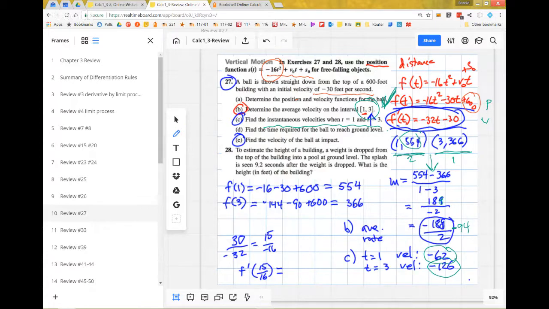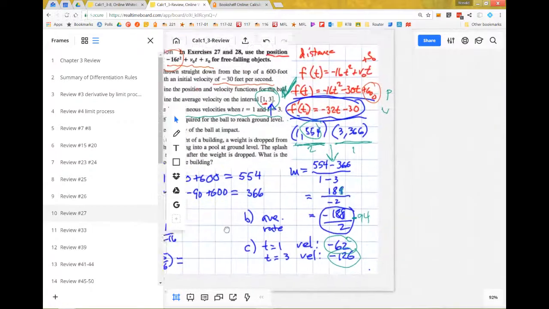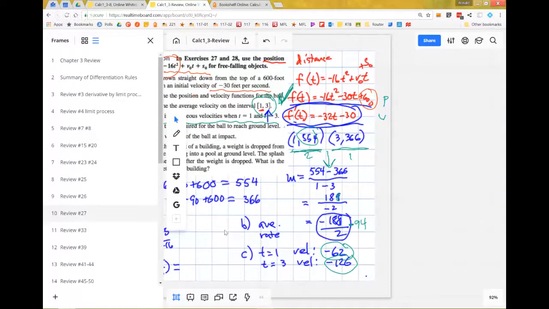So you would set that equal to 0. I did not do that up here, but let's do it. Negative 16t squared minus 30t plus 600, and we'll set it equal to 0, because when it hits the ground, the position will be 0 feet off the ground.